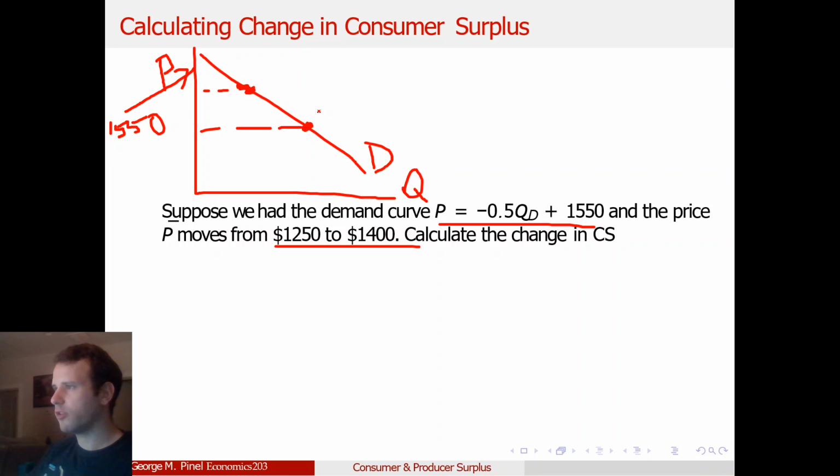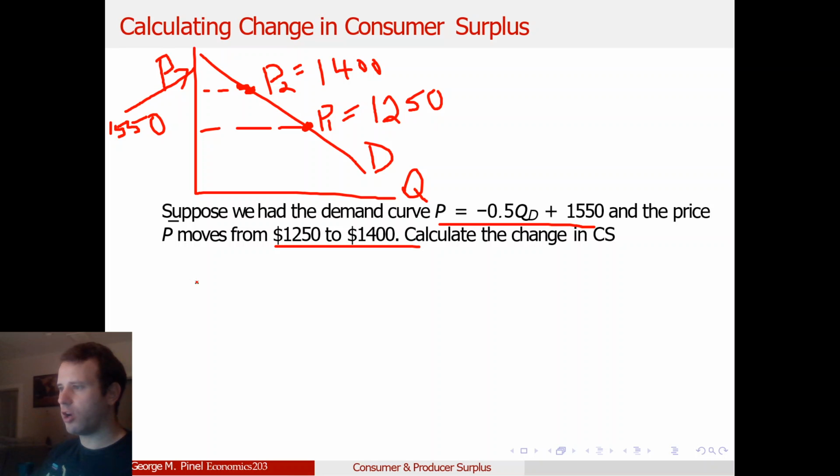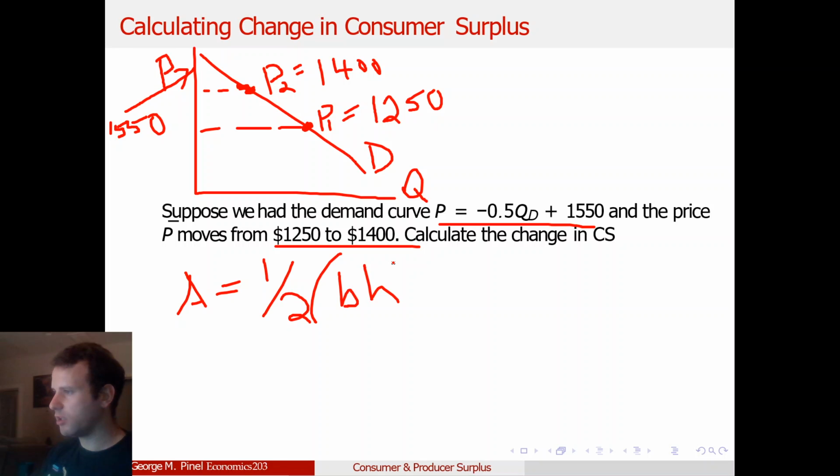So this will be P1 equals 1250. This is P2 equals 1400. All right. So area of a triangle is 1/2 base times height.